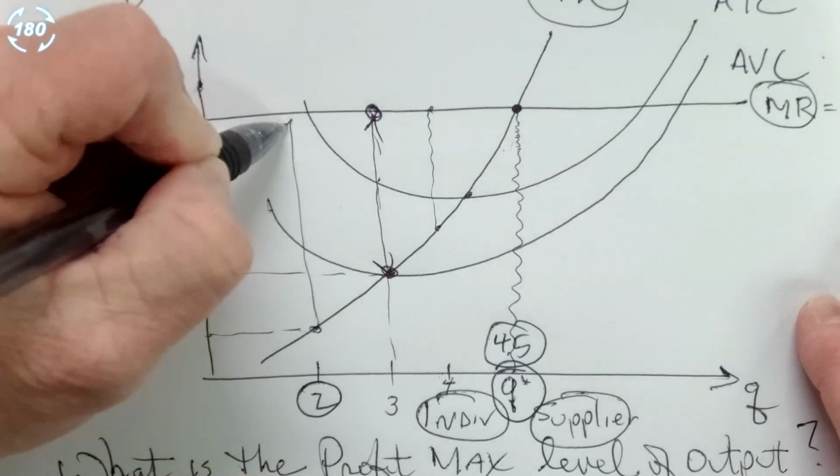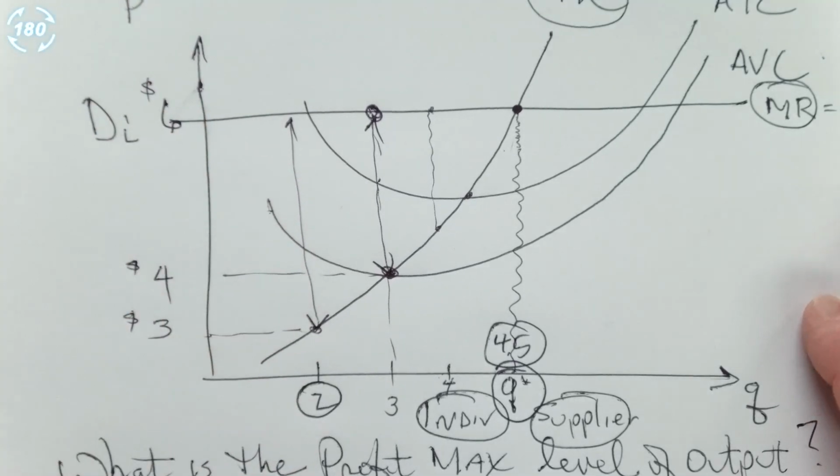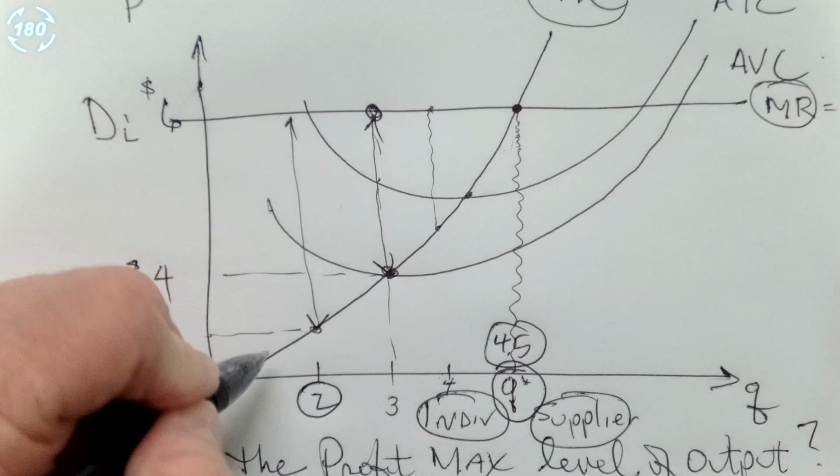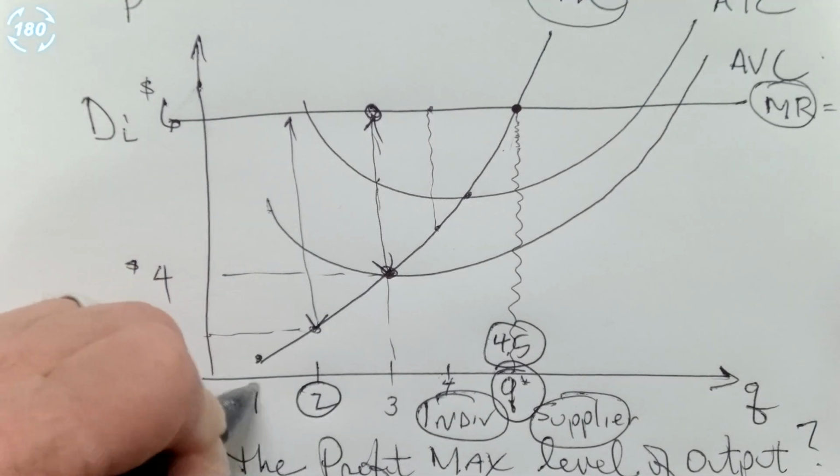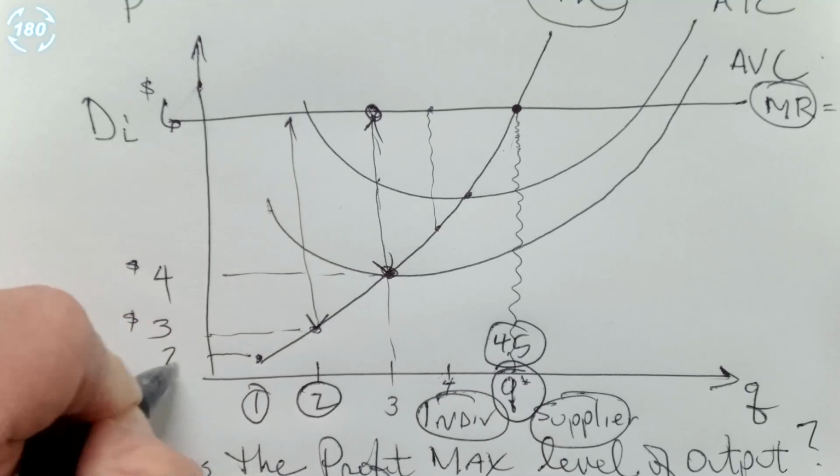Okay, what is profit? Profit is the difference between revenue and cost, and you're experiencing that on each unit here. Let's see, the first unit has a marginal revenue of, doesn't really matter what the units are, $2, I think. So if I go here to 1, this is $2. Okay?